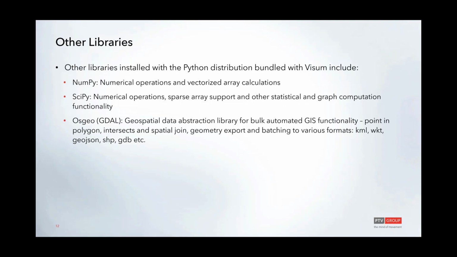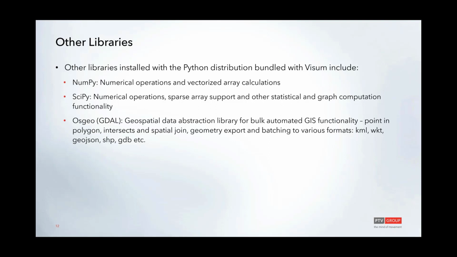Then the SciPy module is again useful for numerical operations, but it also has support for sparse arrays, which means that if you're working with certain matrices that are huge but are sparse, then you can make use of this sparse array support within SciPy to do really fast dot products and such for the matrices.